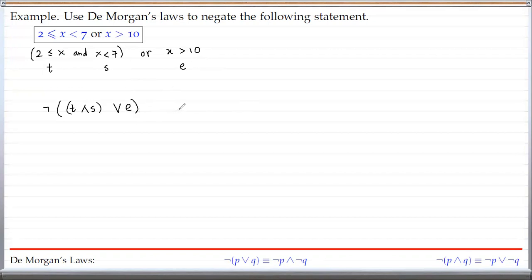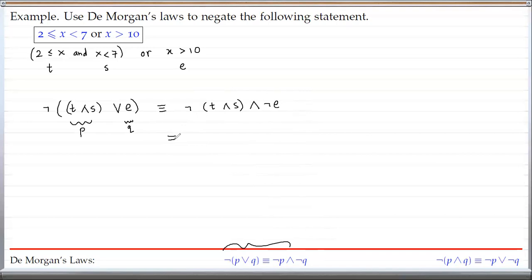We can apply De Morgan's law between these two statements. So we have P, where P is this one, and Q is that one. So we have P or Q, and then this law applies. This is equivalent to not P, that means not (T and S), and not Q. Our Q is simply E, so not E. So we get this.